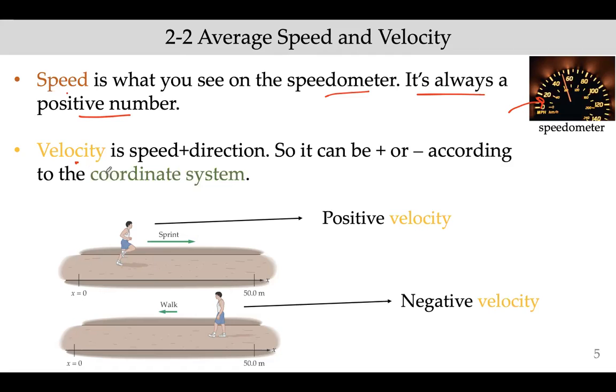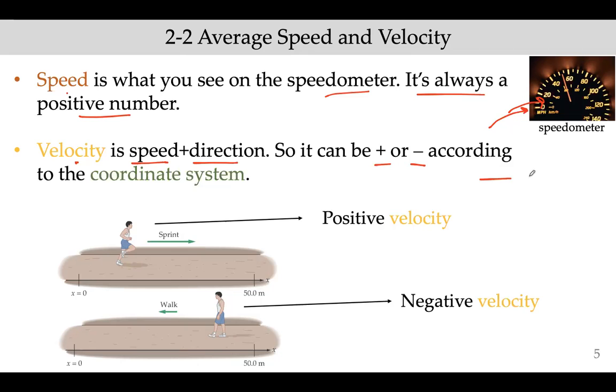As for velocity, it is speed plus direction. It's the speed that you read here, but it also has the direction in its definition. Because it has the direction, it can be positive or negative according to the coordinate system. In this chapter, we are talking about one-dimensional motion.